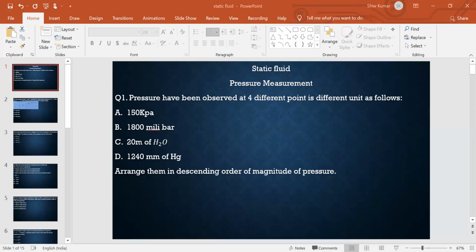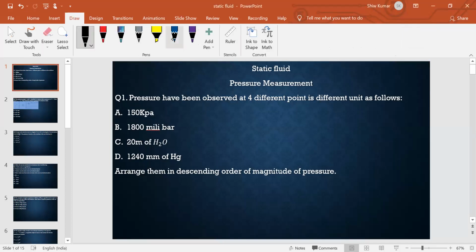Okay, so we will check the problem based on the pressure measurement. We have a very first question. The pressure has been observed at 4 different points in different units as follows. Arrange them in descending order of the magnitude of the pressure. Option A is given in kilopascals.